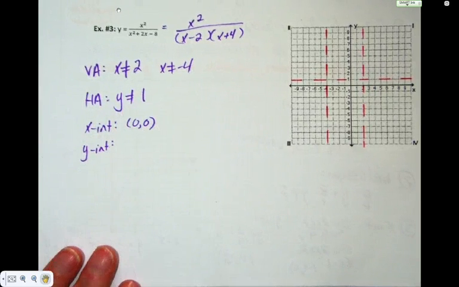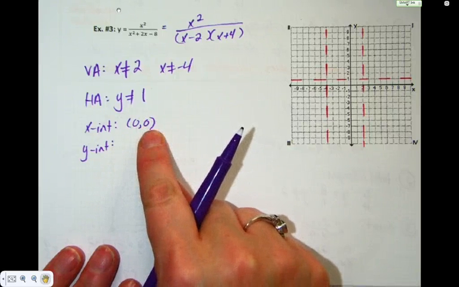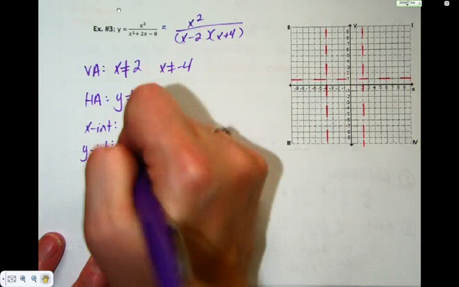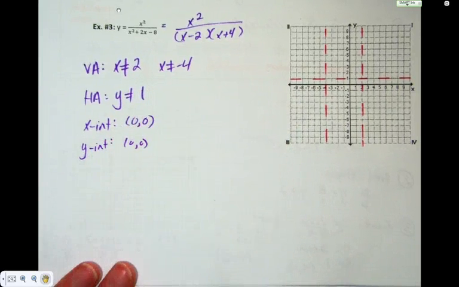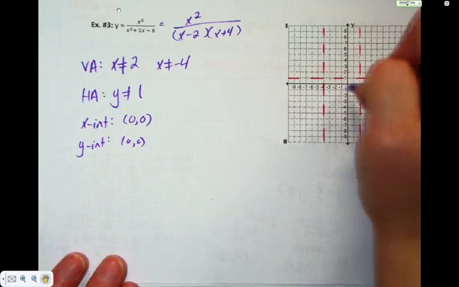Use some logic here. If the x-intercept is 0, 0, what does the y-intercept have to be? 0, 0. If it goes through the origin, they're both exactly the same. Or you can sub in x for 0, and you should come down to the exact same answer.